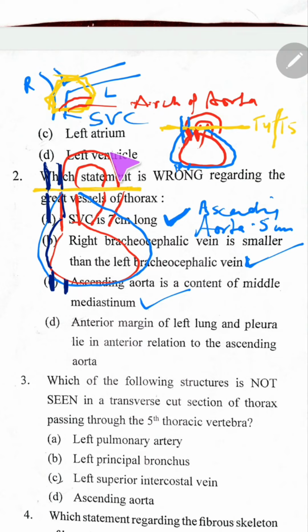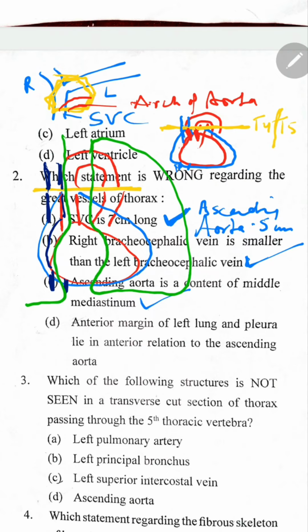So let's say the lung is here, and here is the cardiac notch along with the pleura. Don't forget that the ascending aorta is lying behind this anterior border. Hold on, this isn't notched; this is the anterior margin of the right lung. So the ascending aorta lies behind the anterior margin of the right lung and right pleura.